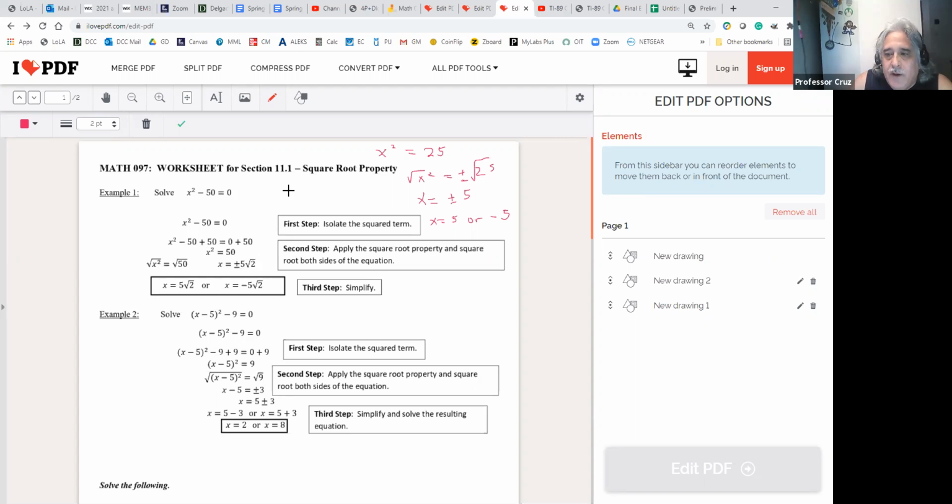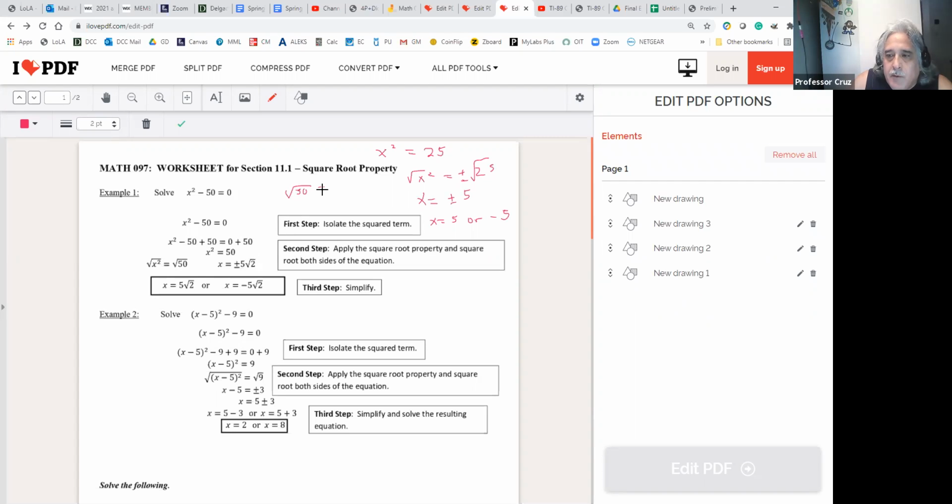Just in case you're wondering where the square root of 50 comes from, it's 25 times 2, so that's equal to 5 square roots of 2. That's as far as it can be broken down, so you have the positive and the negative one.